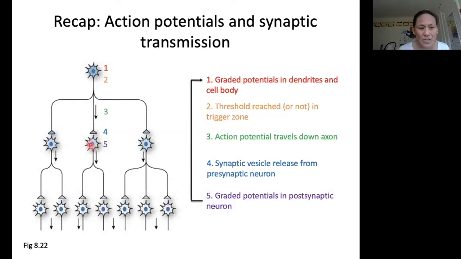We have a graded potential here. It's going to reach the trigger zone. We're going to get an action potential, assuming that we reach threshold. That's going to travel down here. We're going to get synaptic transmission down here, and so on down the line, okay? So I just wanted to put that into context for you. Some people have trouble putting it all together.